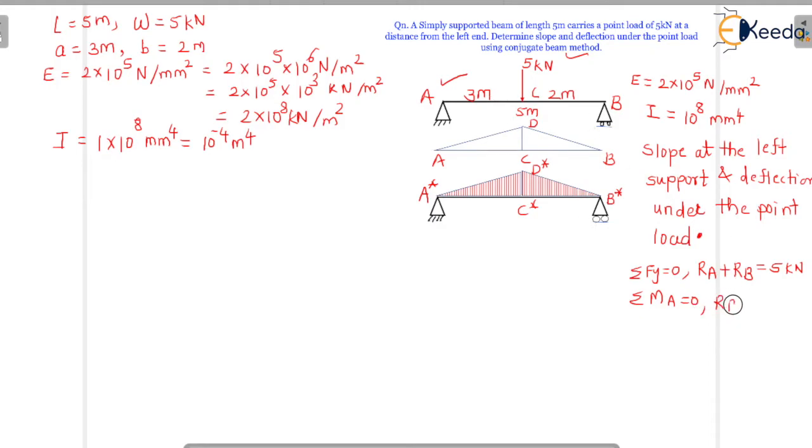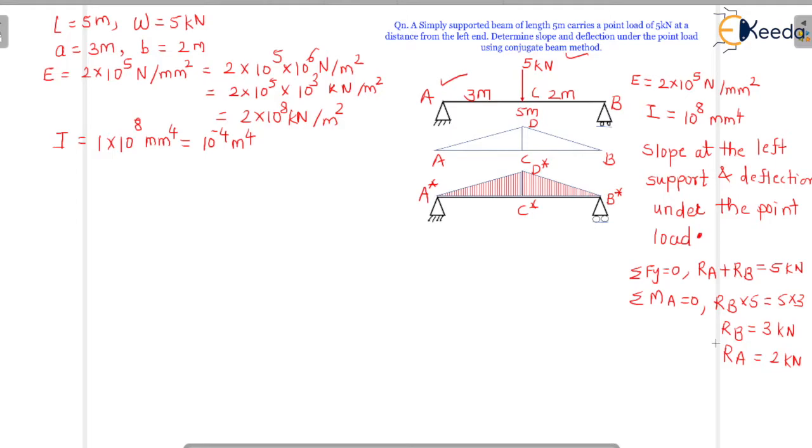Then RB into 5, the total length, is equal to 5 into 3. So RB will be 15 divided by 5, which is 3 kilonewton. So RB is 3 kilonewton, and when you substitute here, RA will be 2 kilonewton. Okay, so we are done with RA and RB.